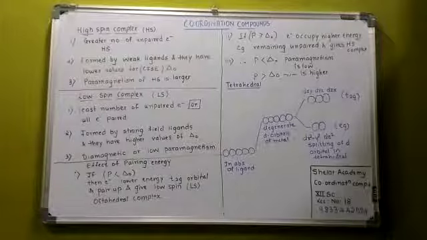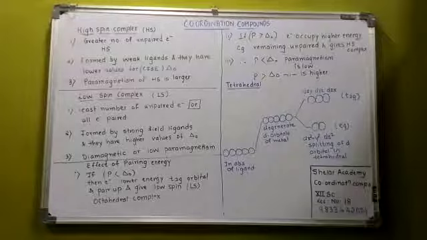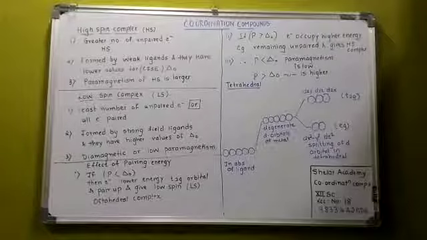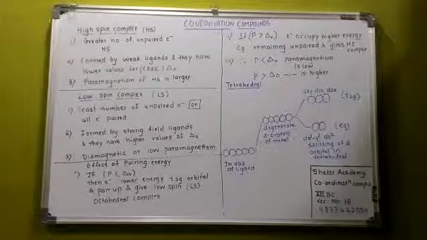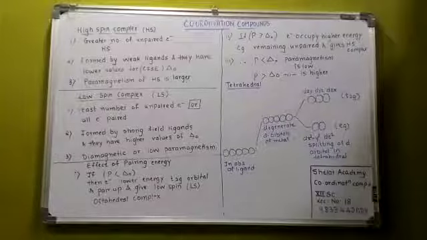If the pairing energy is greater than delta 0, the electrons occupy the higher energy, that is the Eg orbital, remaining unpaired and giving a high spin, that is the HS complex. Therefore, if P is less than delta 0, paramagnetism is low. If P is greater than delta 0, then the paramagnetism is higher.